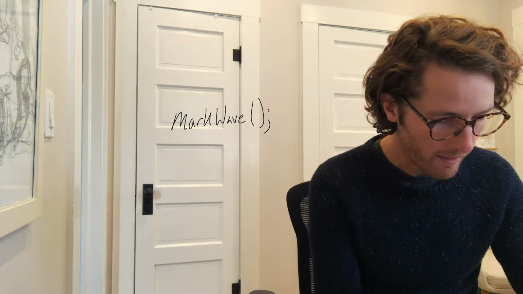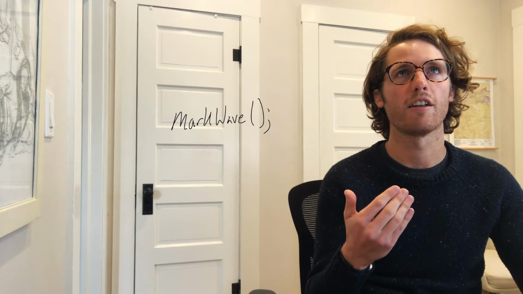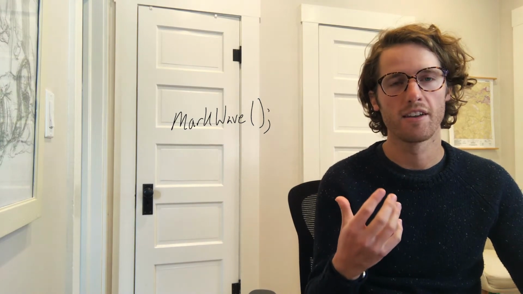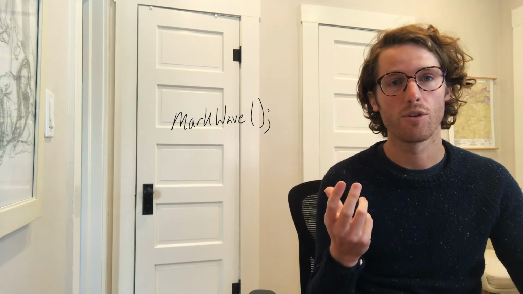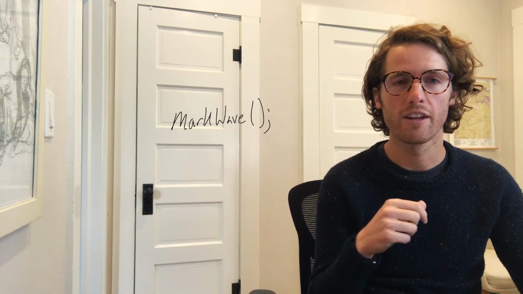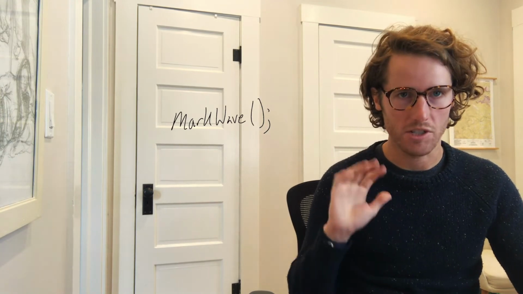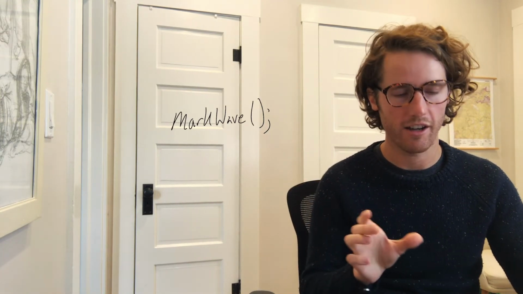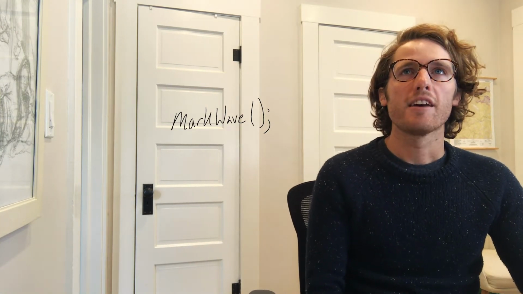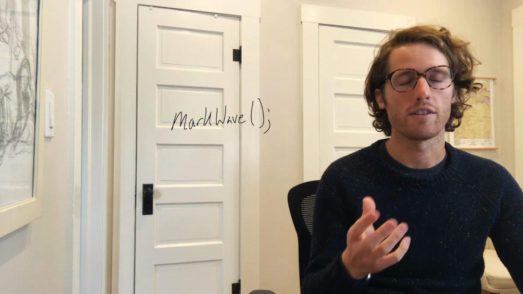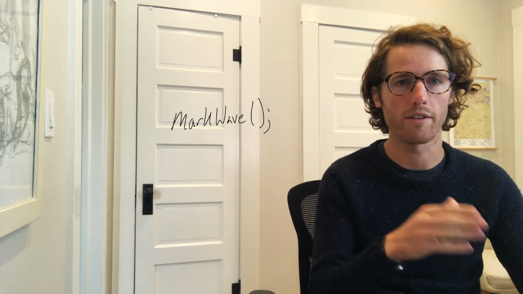Okay. So if we think about what I just had you do, you told me to wave while you count from 1 to 5. So what are the elements of that? Well, there's the thing that's actually happening, which is me waving. So that's going to be in there with our mark wave function. But I said that you need to tell me when to do it. And we said to do it while you're counting from 1 to 5.